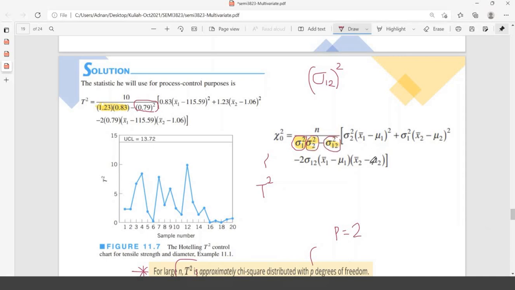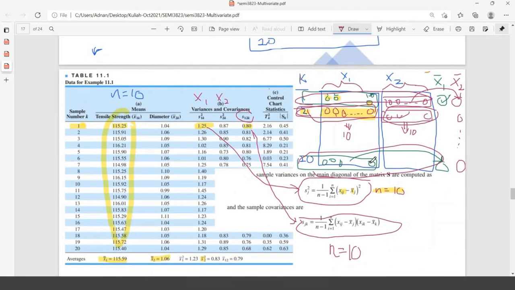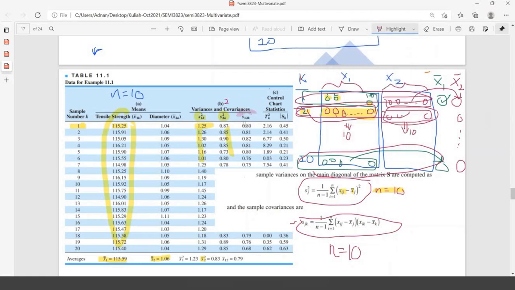So if you look at this table, you see here, this value is already squared. This also is squared. But this one is single. These values cannot be squared yet.